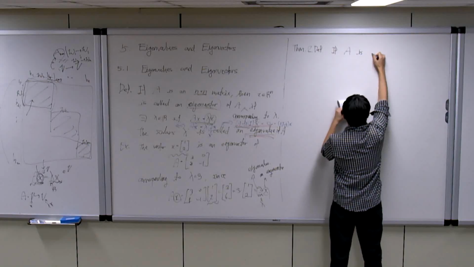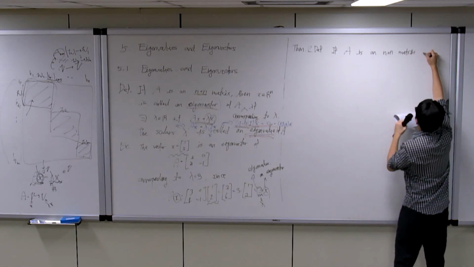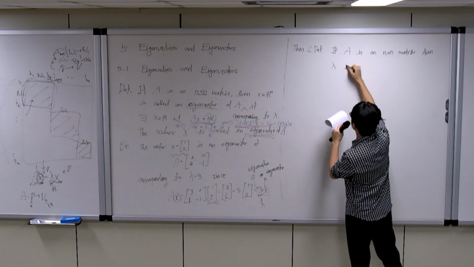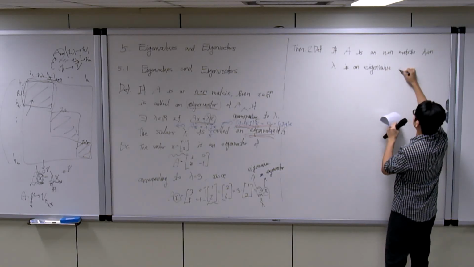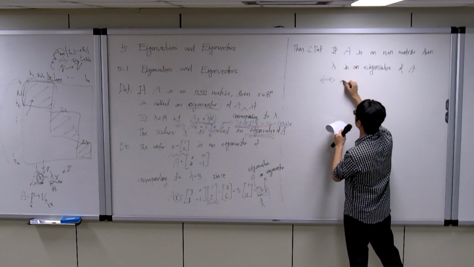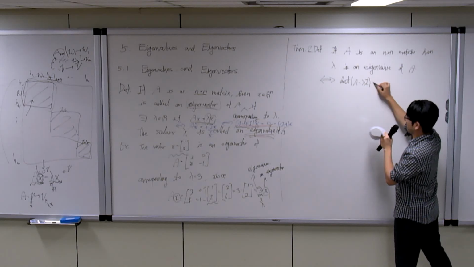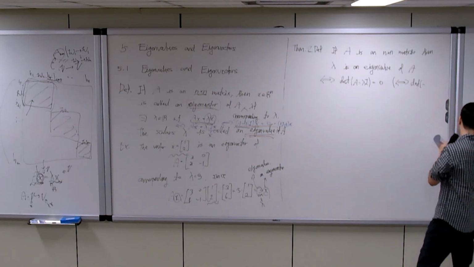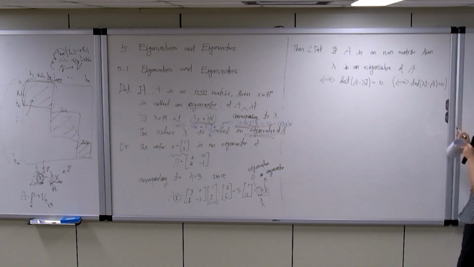So if A is an n times n matrix, then lambda is an eigenvalue means the equation determinant of A minus lambda I equals 0, and equivalently determinant of lambda I minus A is equal to 0.